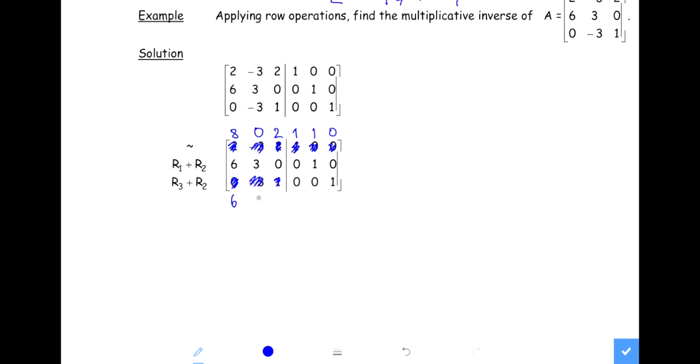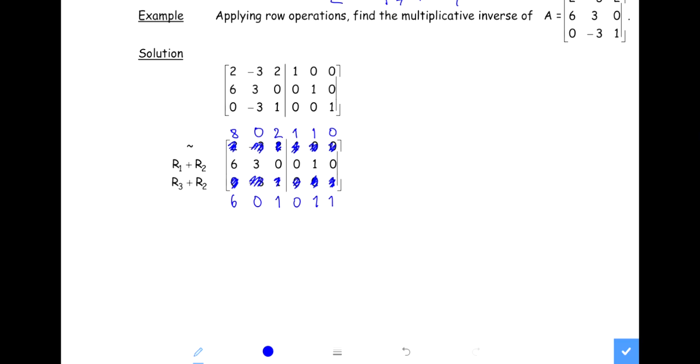This one is 0, and then summing here I have a 1, so that's not 0 anymore, that's a 1. So I need to get 8, 0, 2, 1, 1, 0; 6, 3, 0, 0, 1, 0; 6, 0, 1, 0, 1, 1, like this.